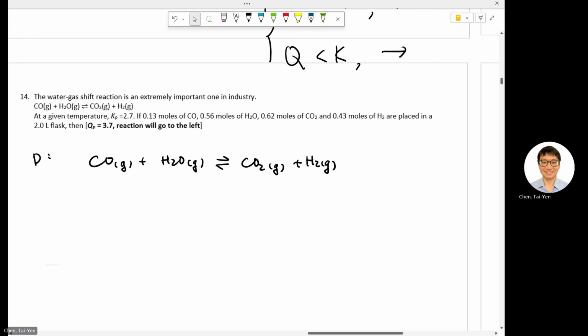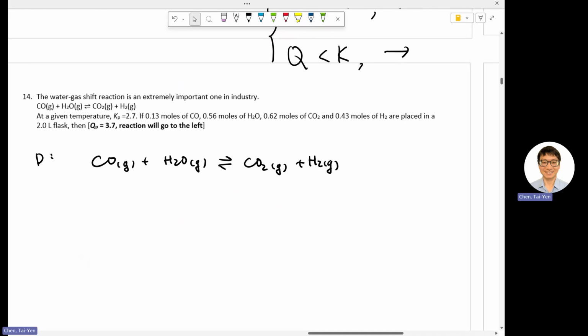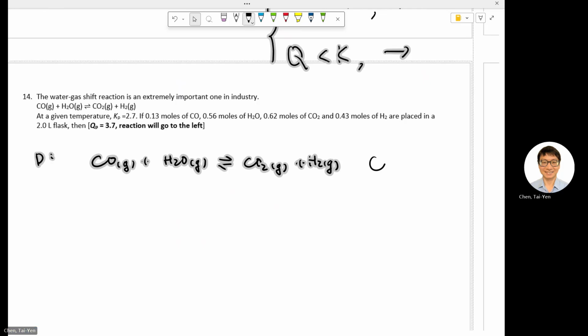For this specific reaction, how do you calculate your Q? What did you write? On the top will be your product, CO2 to the first power, and then H2 to the first power.